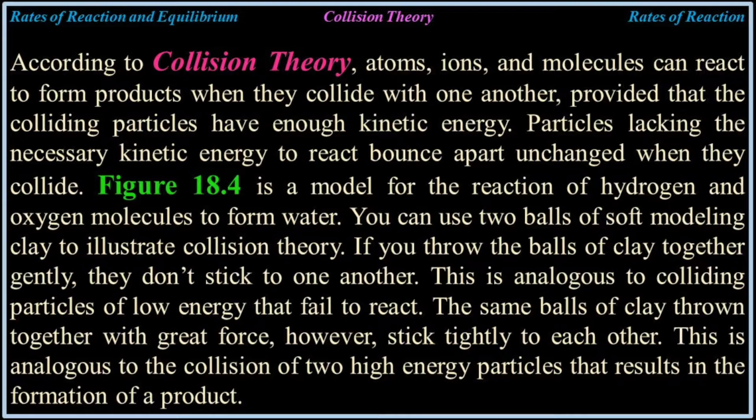Particles lacking the necessary kinetic energy to react bounce apart unchanged when they collide. Figure 18.4 is a model for the reaction of hydrogen and oxygen molecules to form water.